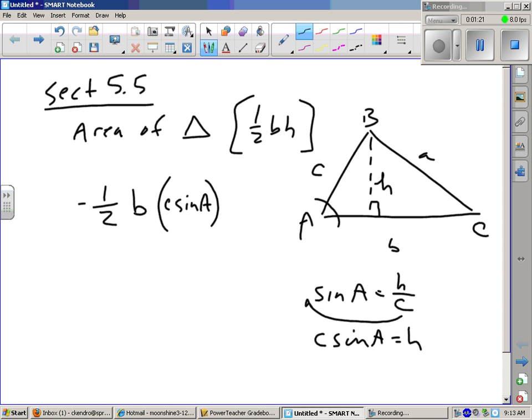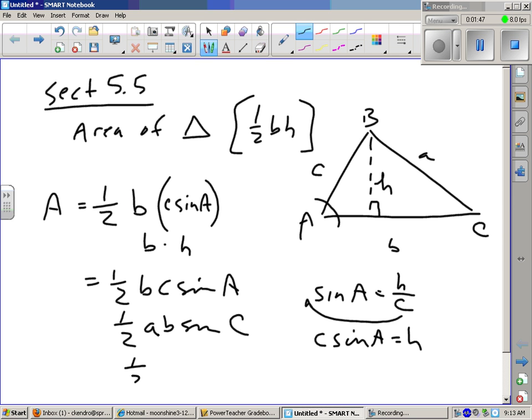So we have a new formula. It's still base times height, but our height is given in terms of a trig expression. So this is just a new formula. And depending on which angle you're given, it might be 1/2 BC sine A, or it might be 1/2 AB sine C, or it might be 1/2 AC sine B. But you'll notice A, B, and C are represented in each part.